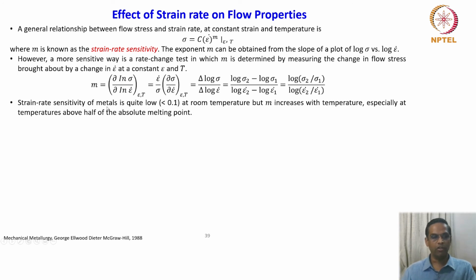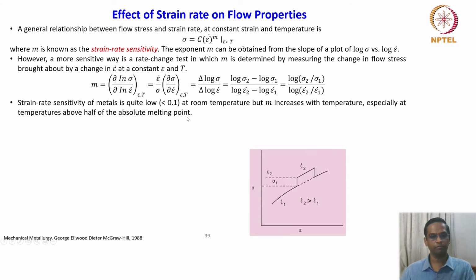Strain rate sensitivity of metals is quite low, less than 0.1 at room temperature, but m increases with temperature. Very important point. It is important only at high temperature deformation, as I mentioned, especially at temperatures above half of the absolute melting point, 0.5 Tm. Above 0.5 Tm, it is more significant.